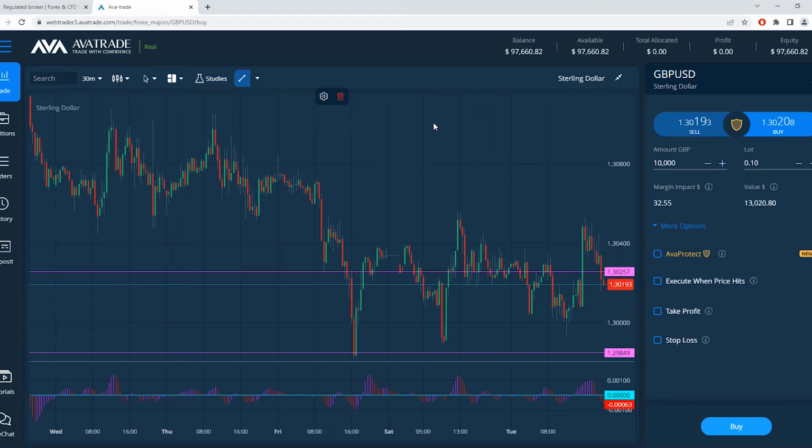And if you understand the fundamental bigger picture, the US is expected to increase interest rates. Right now it's 50-50 risk to potential profit. If I sell on this and put my stop loss above this resistance and my take profit at the support, that's almost the same distance to the take profit as the resistance. So I could risk about the same amount as going after potential profit with an established downtrend.